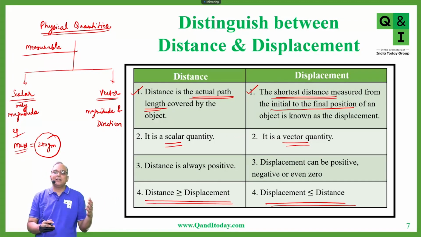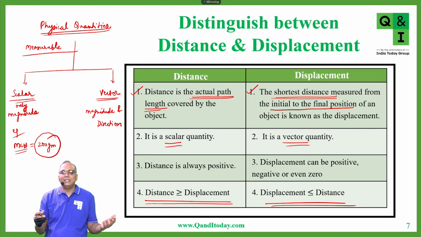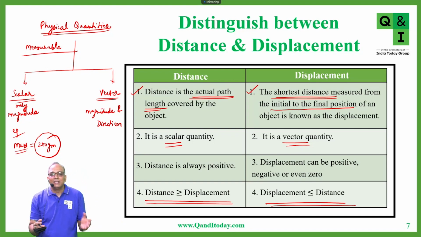Will you say 200 grams towards north or west or east? No. To specify the mass, you only need magnitude. That's why mass is an example of a scalar quantity.